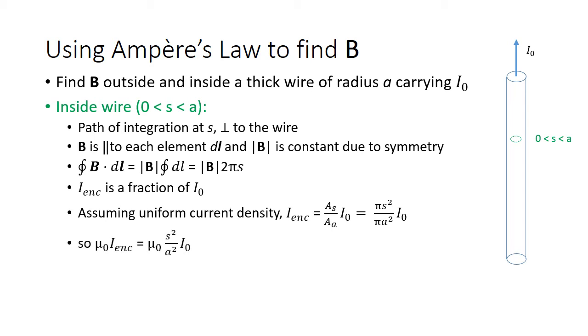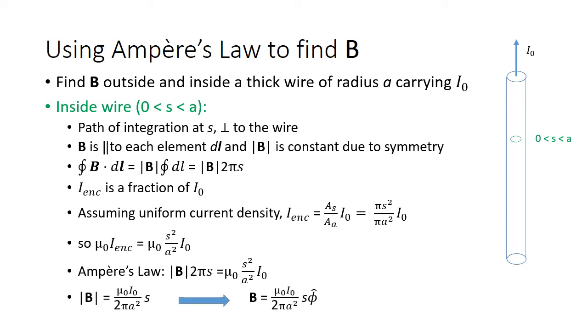We substitute this expression for I enclosed into mu 0 I enclosed, and we use it in Ampere's law. We can then isolate the magnitude of the magnetic field on the left side of the equation, obtaining an expression that's a function of s. We know the direction of the magnetic field since the current is flowing upwards in the wire. By the right-hand rule, it means that the magnetic field is circulating in a clockwise direction.